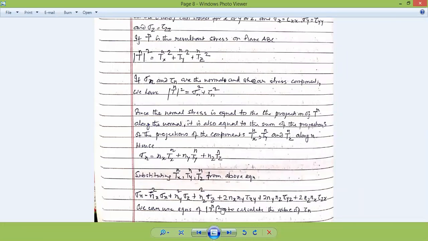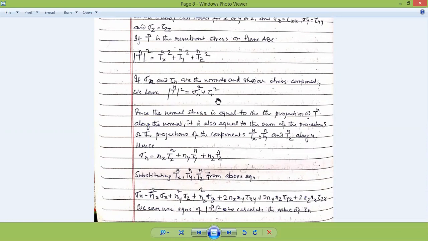And if we know the values of sigma x, sigma y, and tau xy, etc., you can safely calculate the normal stress sigma n and tau n acting over the plane at that particular point P. As the plane ABC tends towards the point P, the distance is infinitesimally small, so by calculating sigma n and tau n, we can safely know the normal stress and shear stress at that particular point itself.